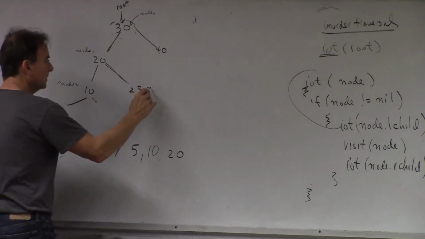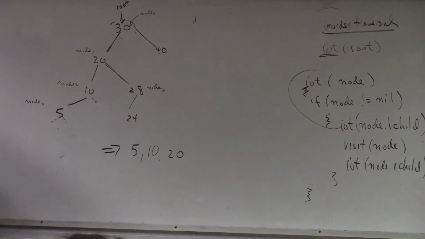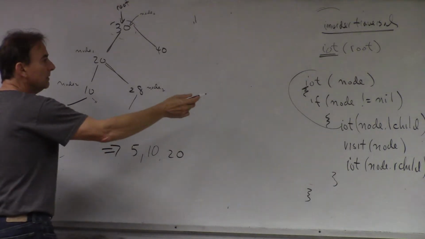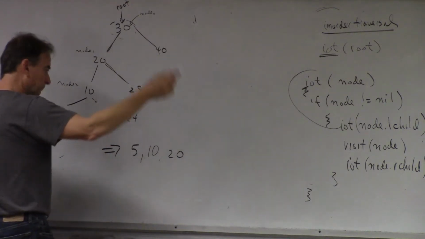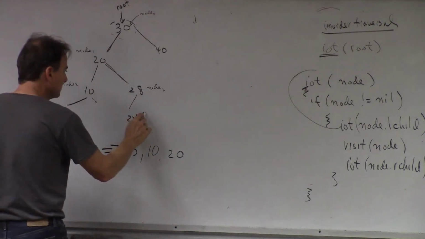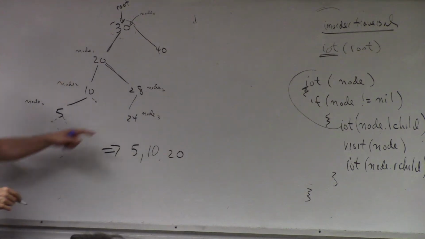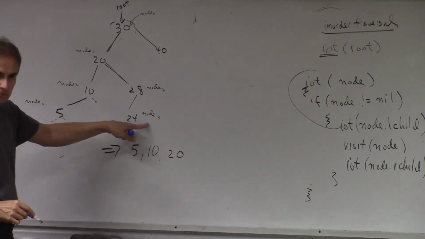which is a node, level 2. Not nil. So we're going to recurse here.